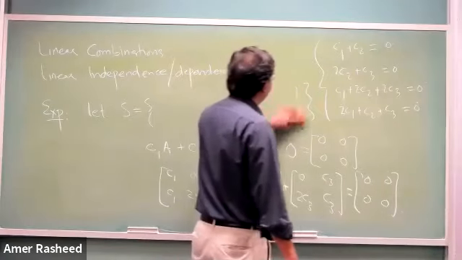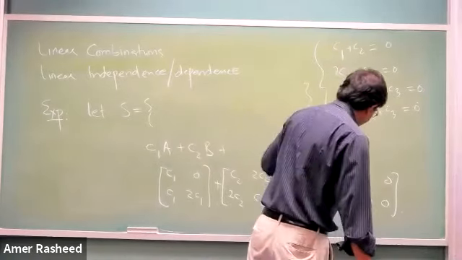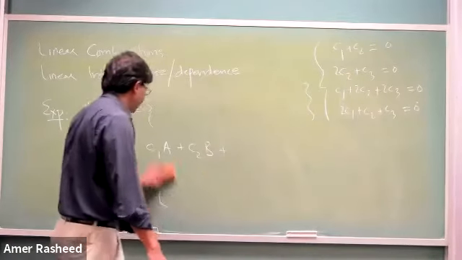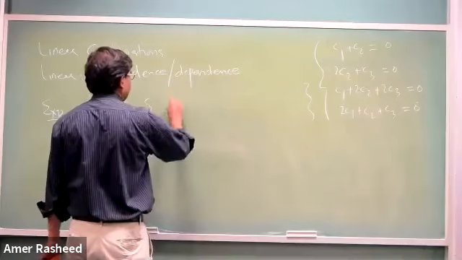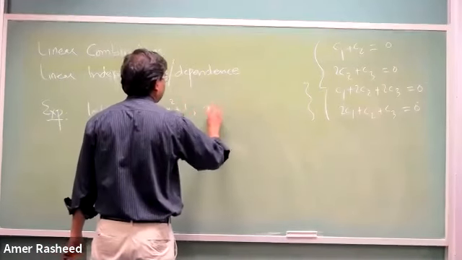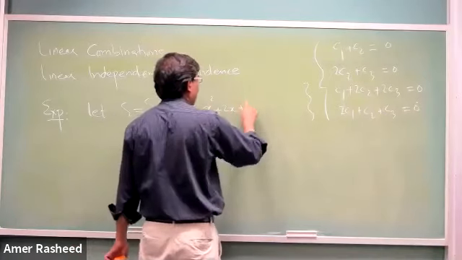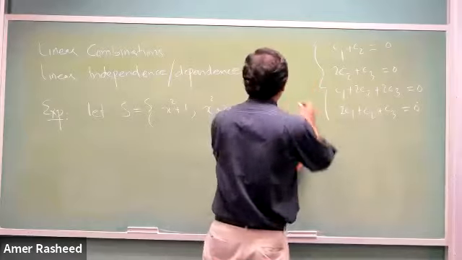And another example of a similar kind for polynomials. Now, let me have 3 polynomials, for example, x squared plus 1, maybe x squared plus 2x plus 1, and x. So these are 3 polynomials.